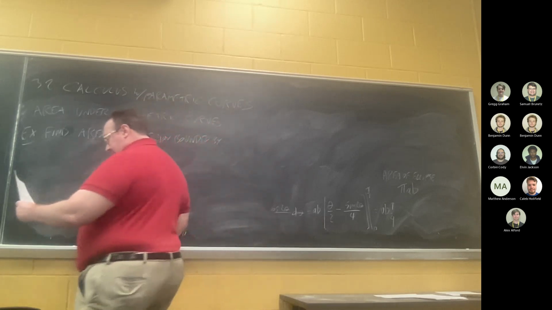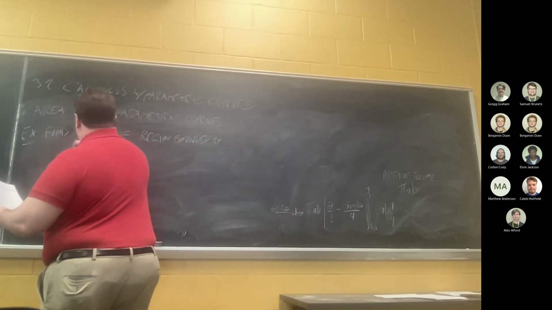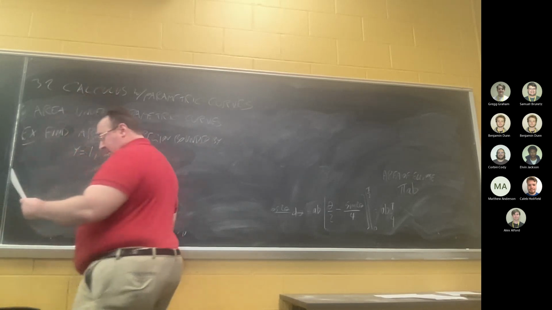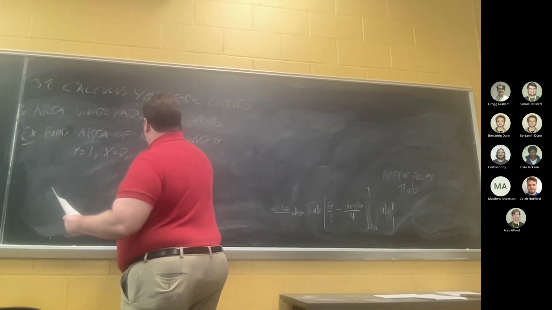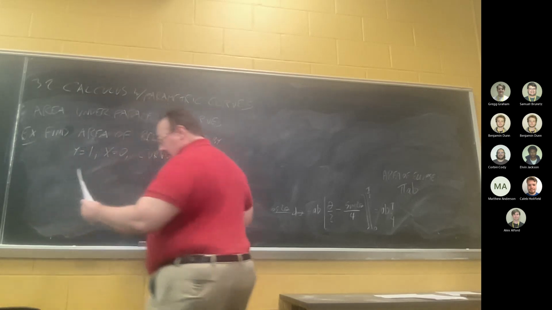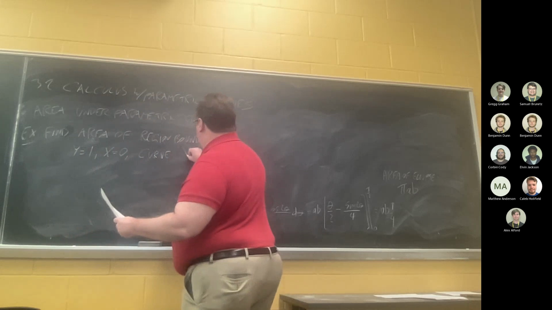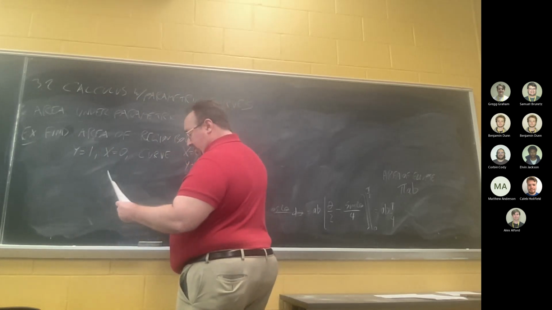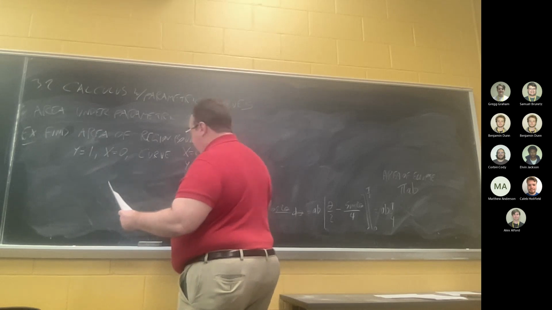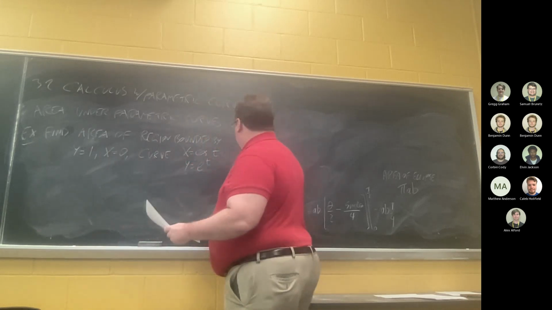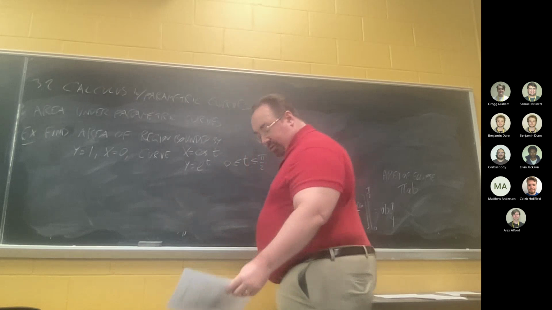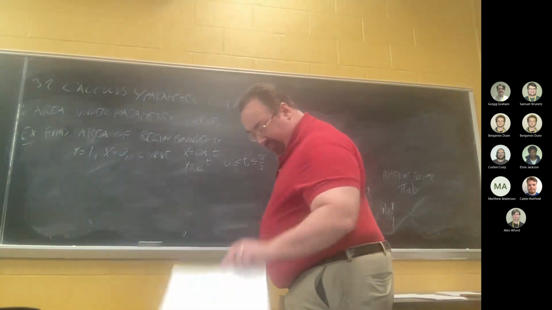All right, so we have boundaries of y equals 1, x equals 0, and then the curve with parametric equations, x is equal to cosine of t, y is equal to e to the t, and t goes from 0 to pi over 2.